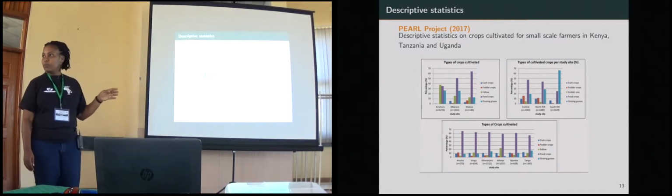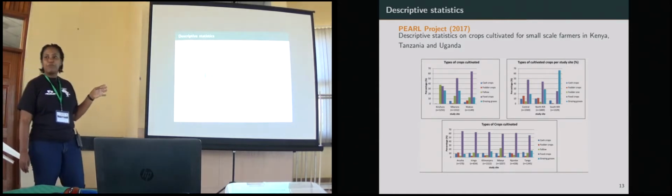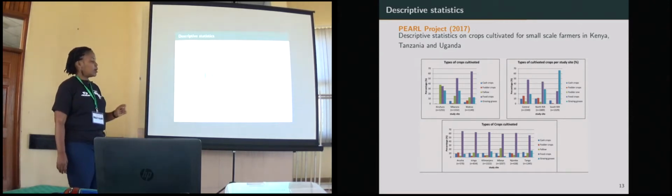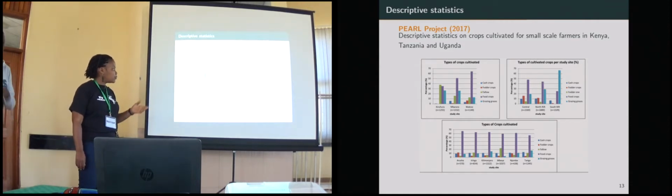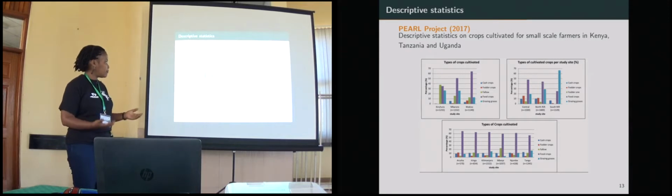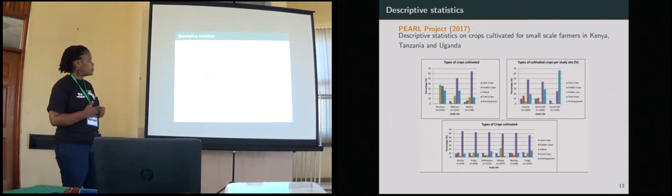We see from the summary statistics in Tanzania that farmers mainly cultivate food crops on their farms, followed by leaving the land fallow, and they also grow a little bit of fodder crops.